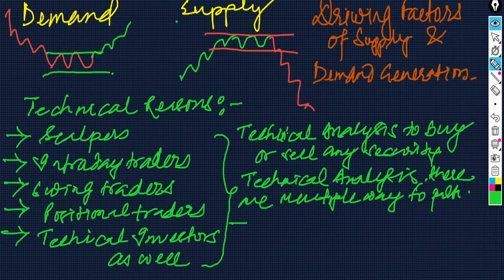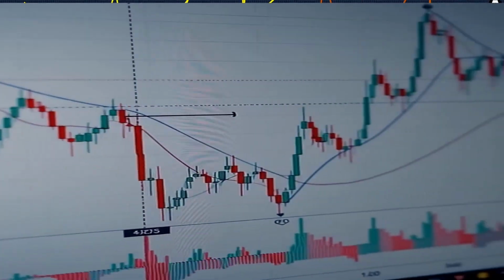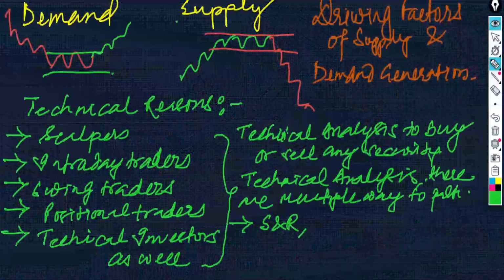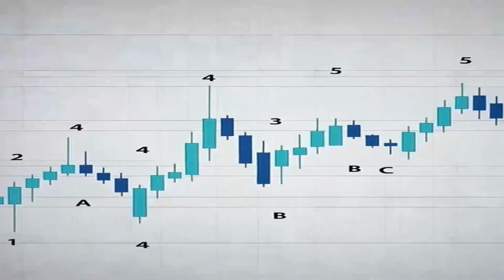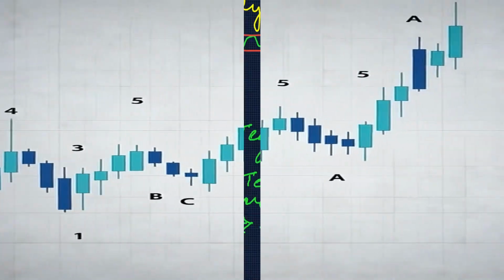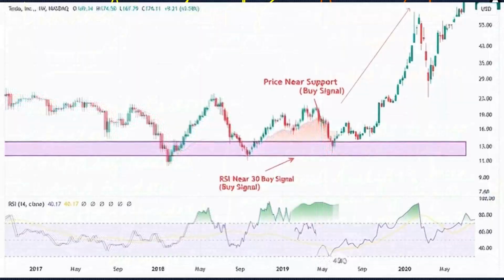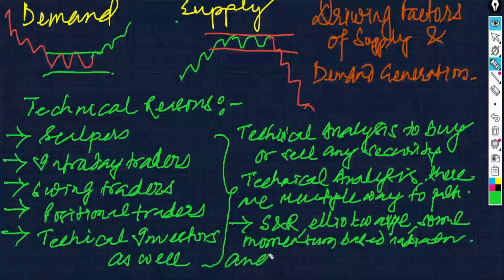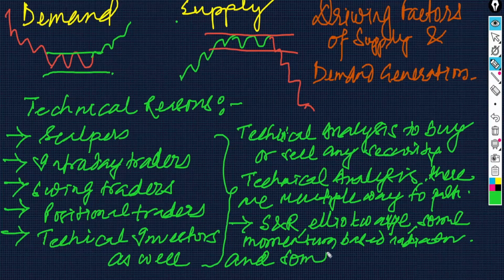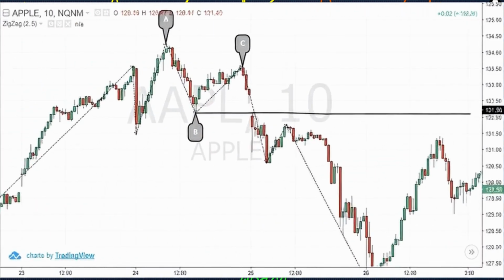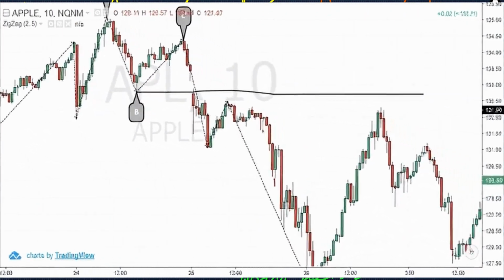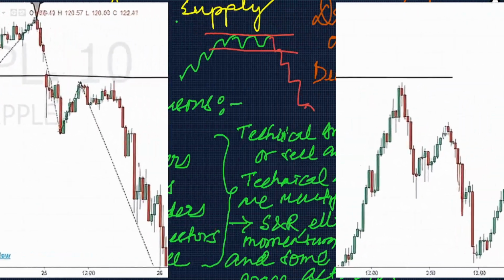Some people use support and resistances. Some use Elliott wave. Some use momentum based indicators, and some also use pure price action to participate.